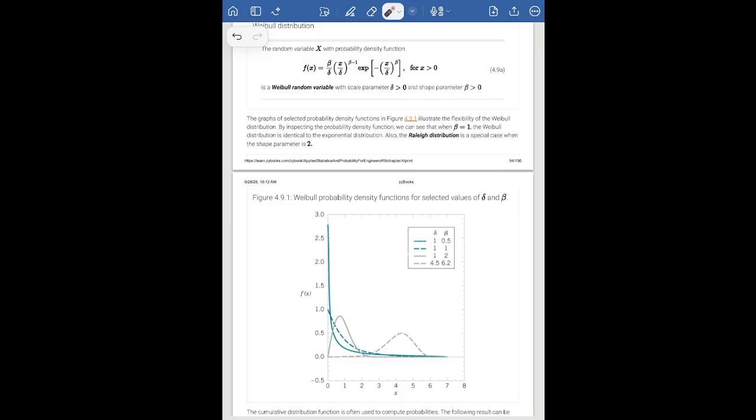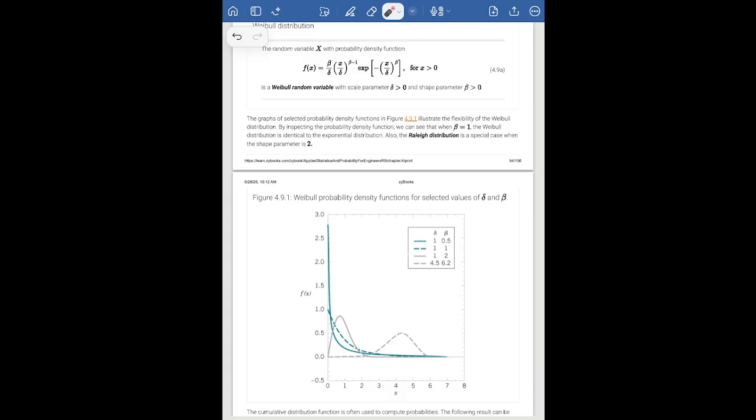And one could actually take this probability distribution function, plug in beta as 1, and simplify. Once you finish simplifying, you should see that you get the same result as you would for an exponential distribution.